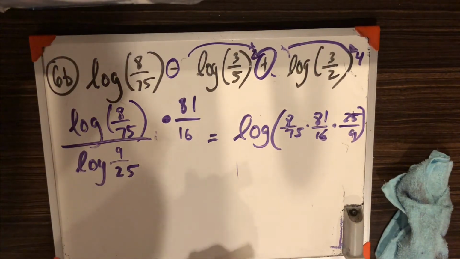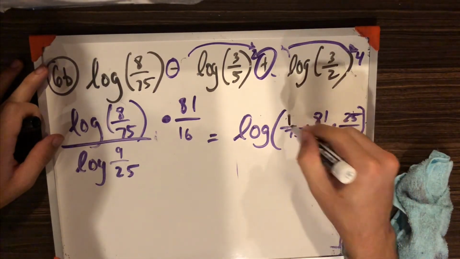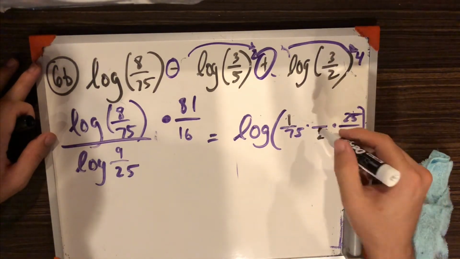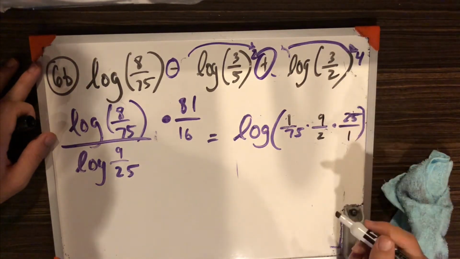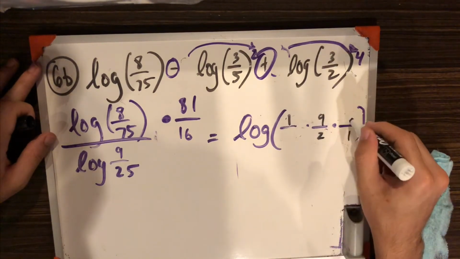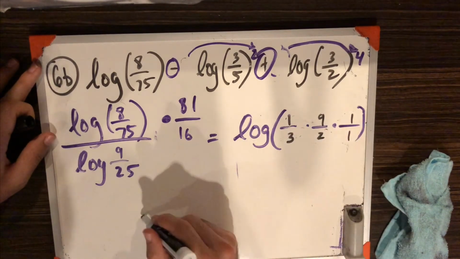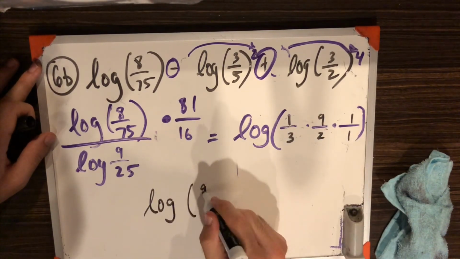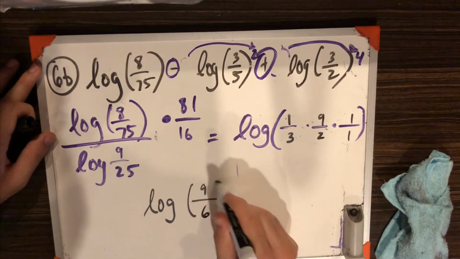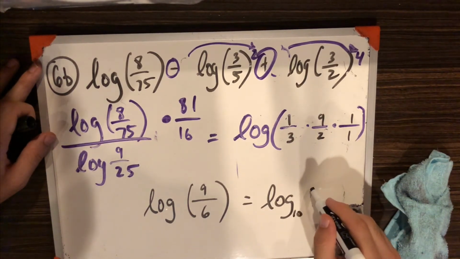All right, so 8 over 16 can change into 1 over 2. 81 over 9 can change into 9 and 1. 25 over 75 can change into 1 and 3. So 1 times 9 times 1, that would be 9. And then 3 times 2 times 1, that would be 6. So this would be log of 9 over 6, or 3 over 2.